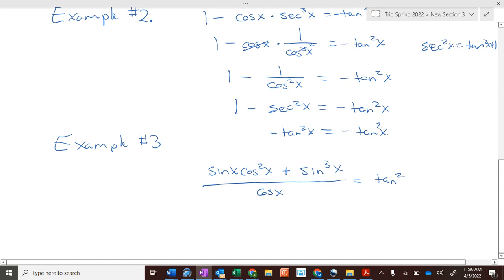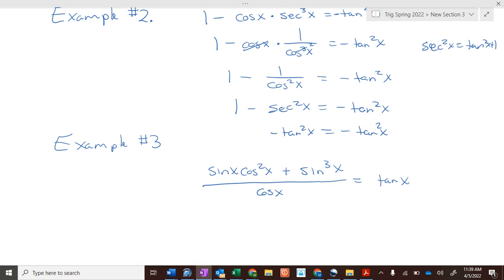Nope, just tangent of x. How can I make that complicated left side into just tangent of x? What would be your first step, maybe?